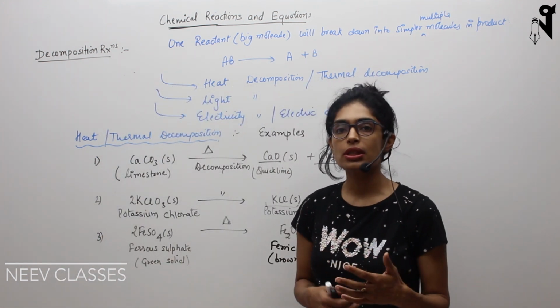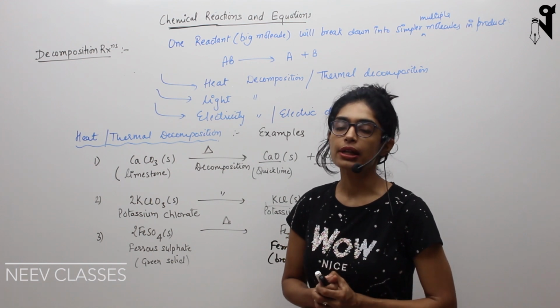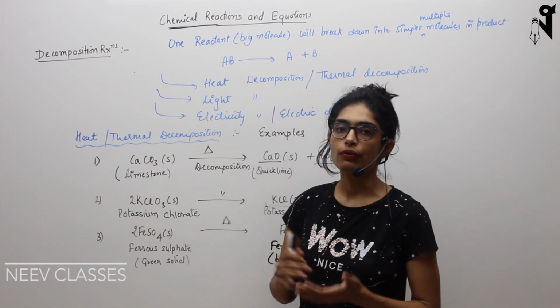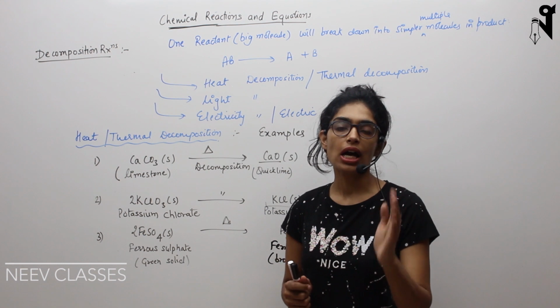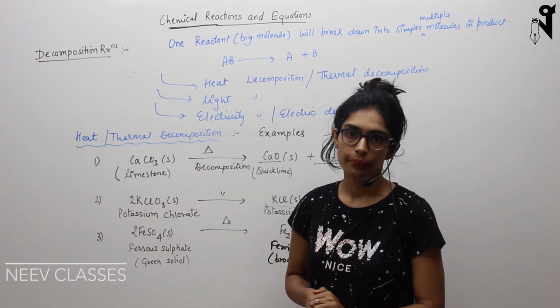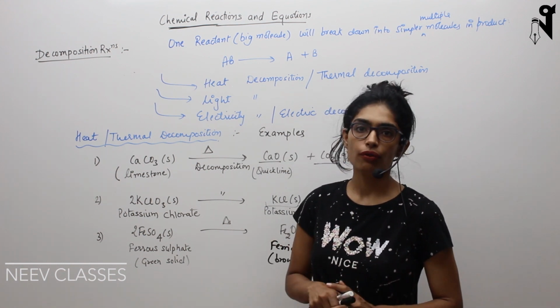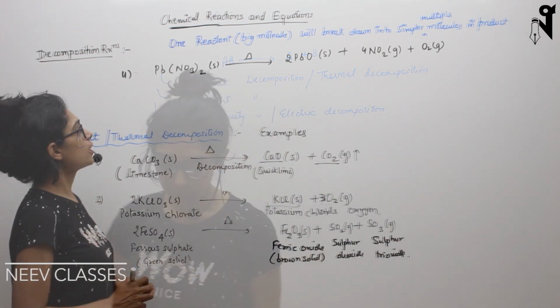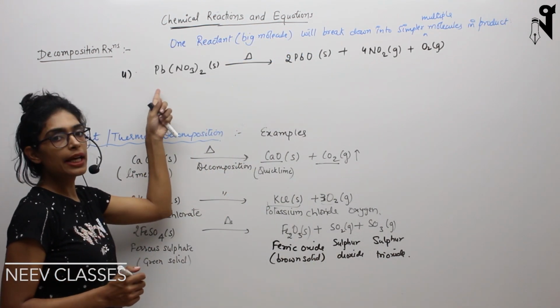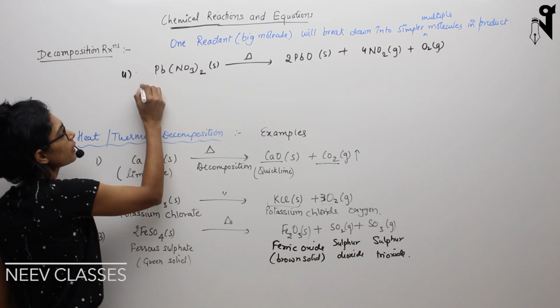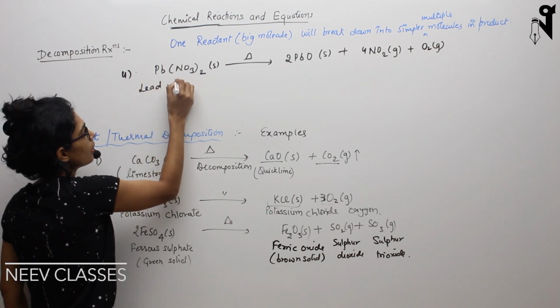So all these reactions are very, very important in terms of their observation, in terms of their category, so they ask you these questions quite directly. Okay, let's see the last example of heat decomposition. So next example is that if we take lead nitrate, Pb(NO3)2 is nothing else but lead nitrate.